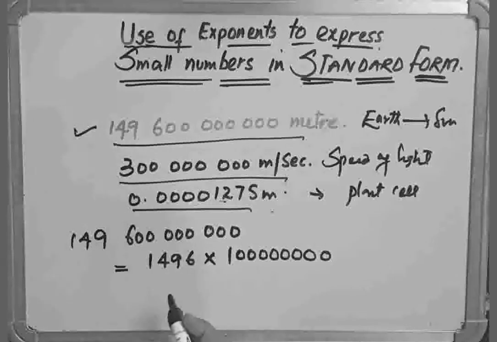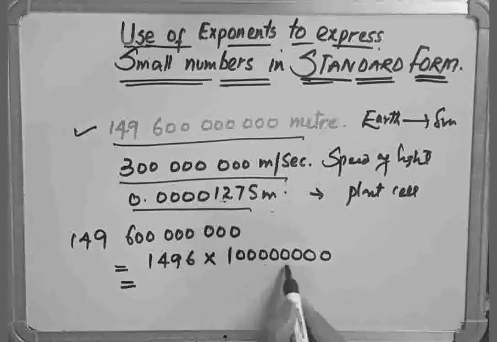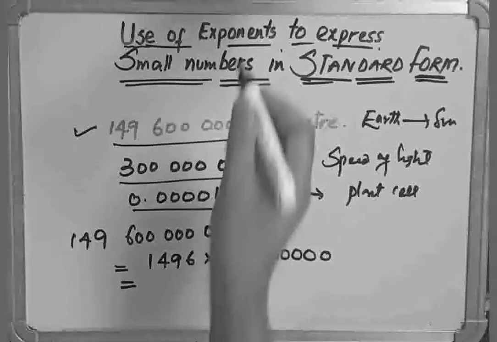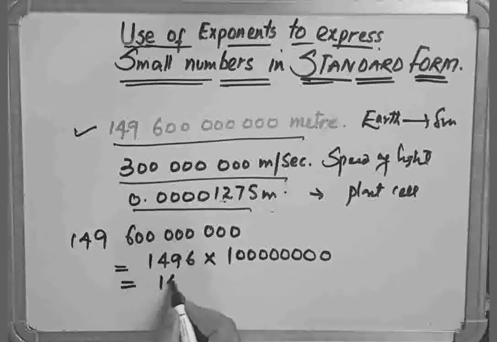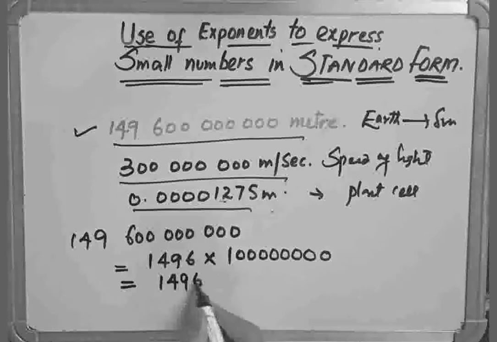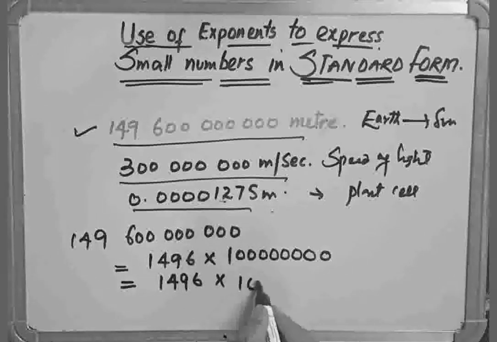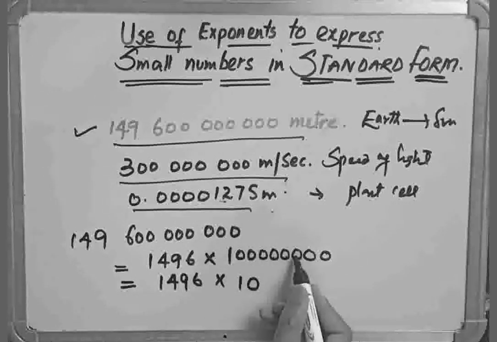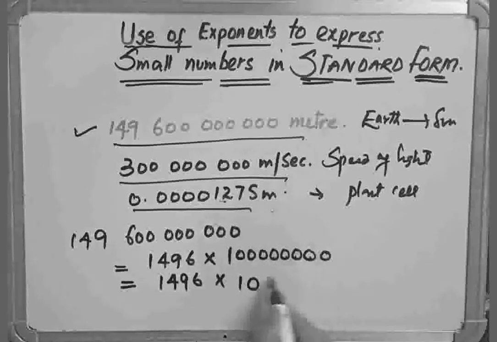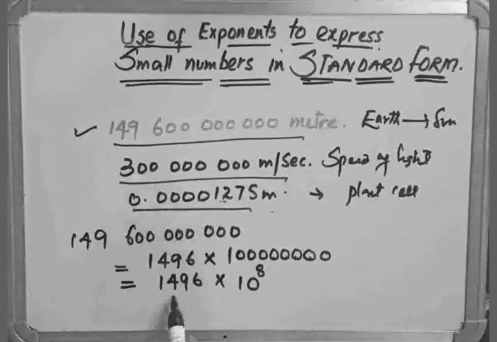This is very easy. Now if we convert this figure into its exponential form, we will get 1496 into 10 raised to power 8, the number of zeros becoming the power of 10.